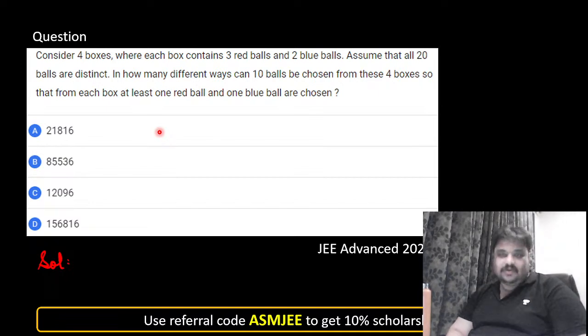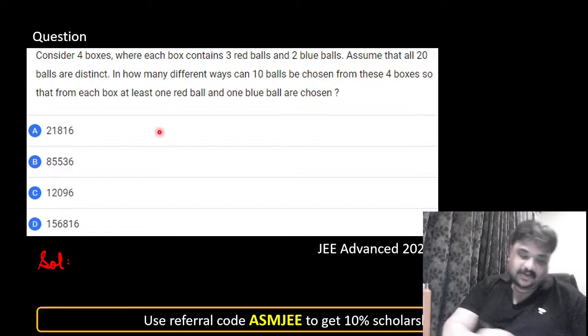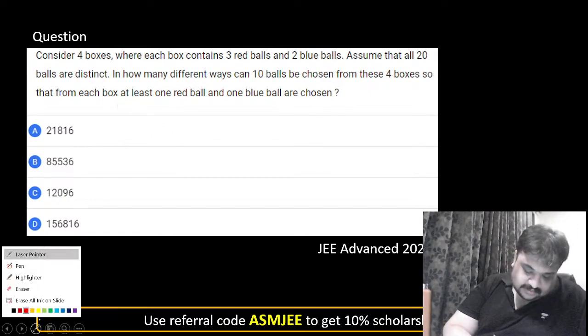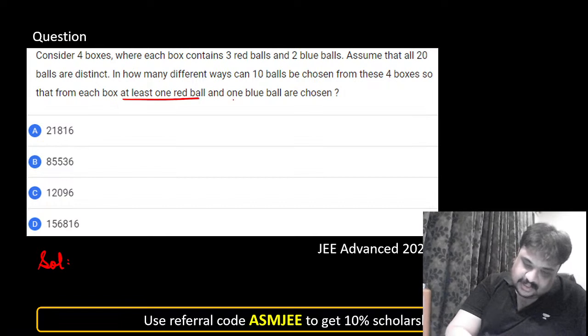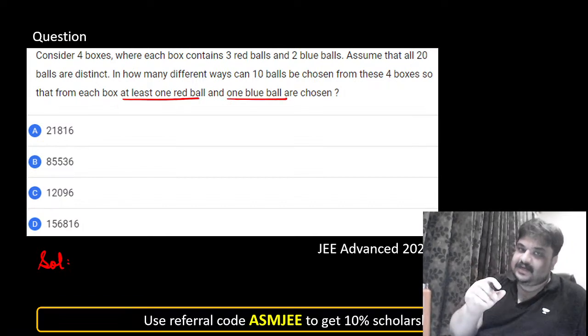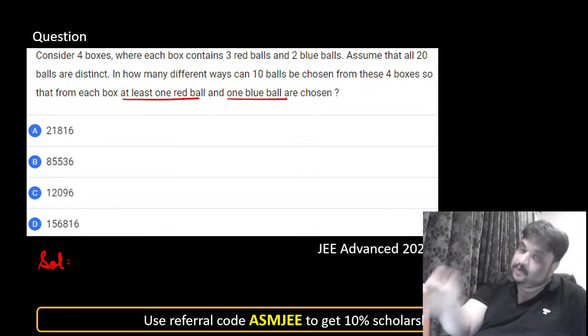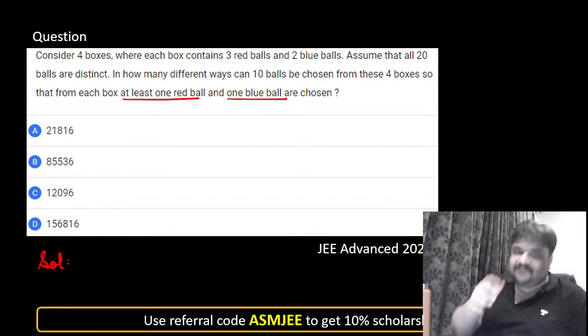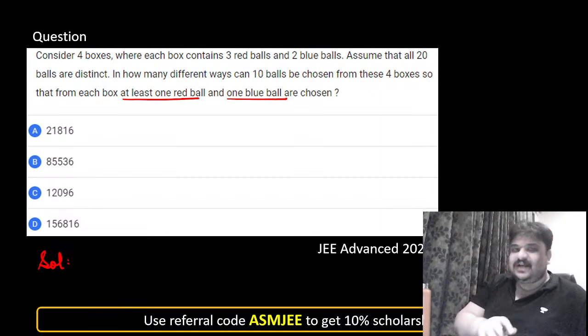The sentence is not wrong, but it is poorly framed. I'll show you where it is poorly framed here: at least one red ball, and one blue ball. What does this mean? Should at least one be common for the red and blue ball, or at least one red and at least one blue?